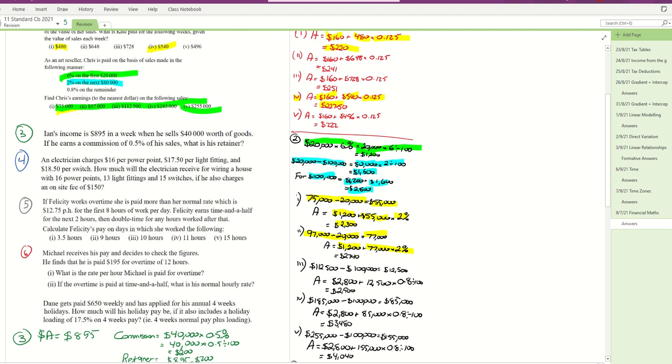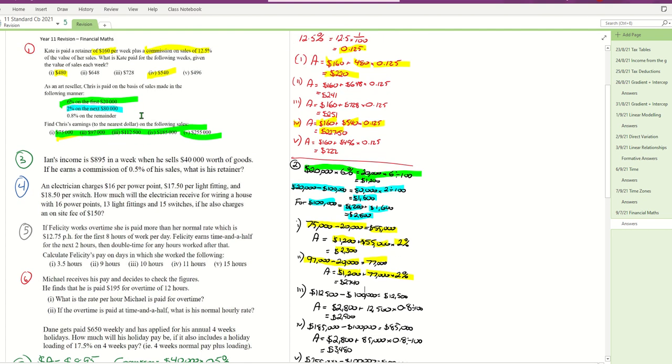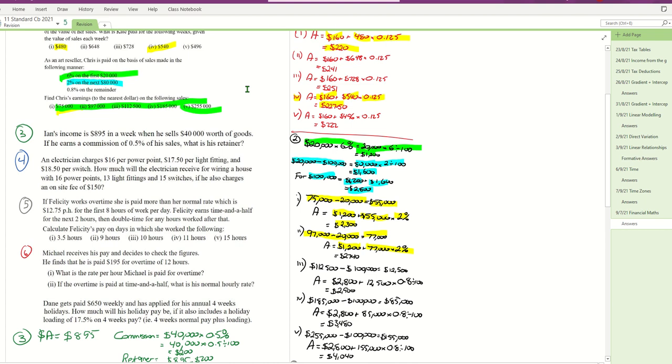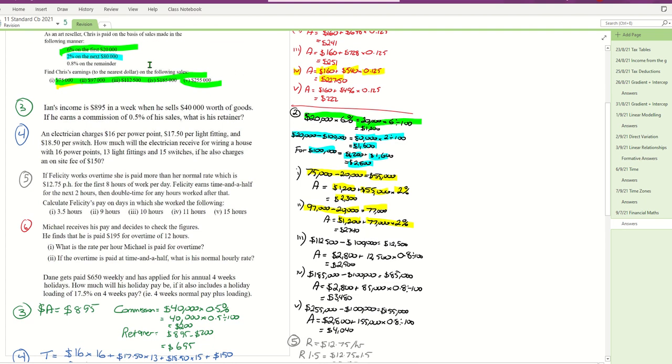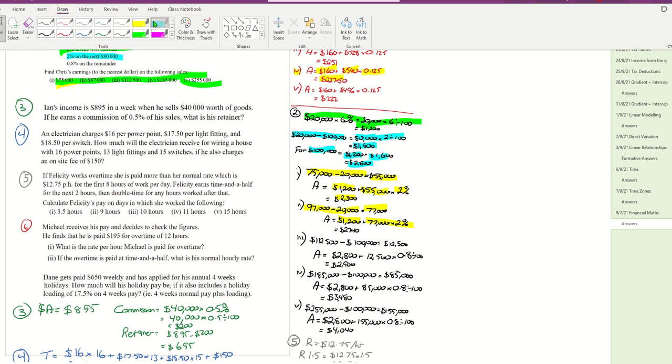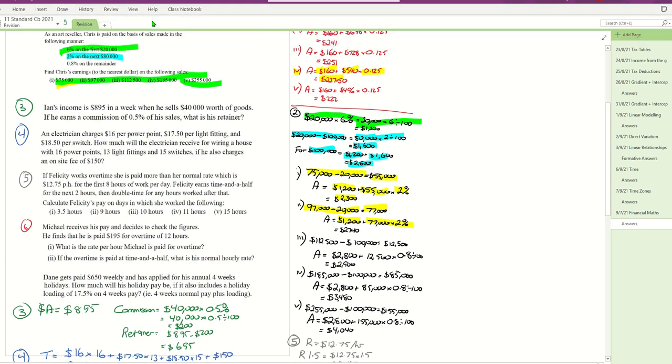My next 3 questions are all over $100,000. For each of these, I'm going to find out how much it is over $100,000, and then start off with the amount we're paid for the first 100,000. So $112,500 minus $100,000 is $12,500.